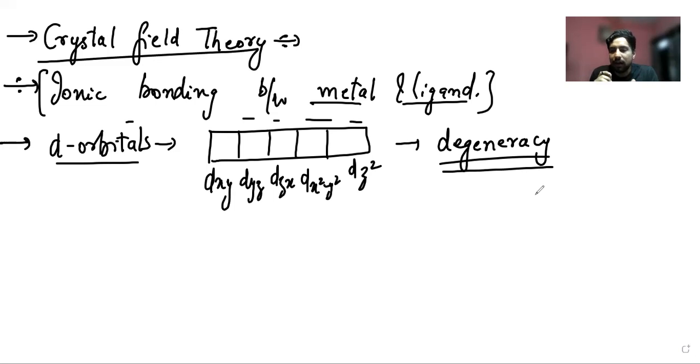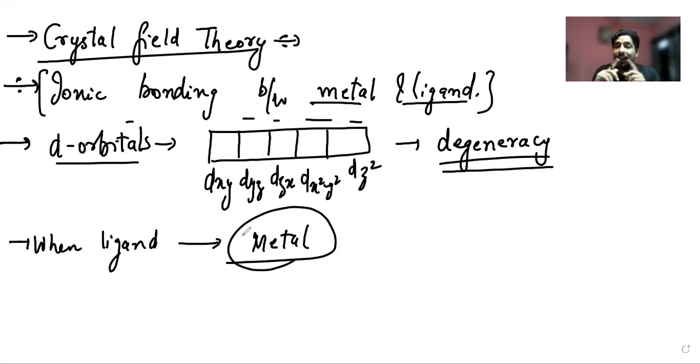But when the ligand approaches the metal ion, at that time this charge becomes unsymmetrical. When the ligand approaches the metal, the electron cloud made of those positive and negative charges becomes unsymmetrical.